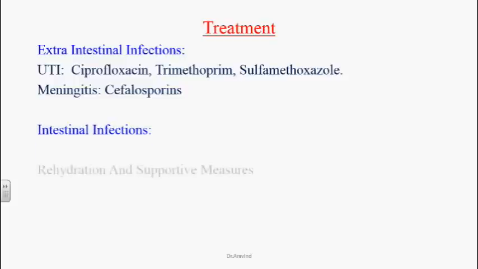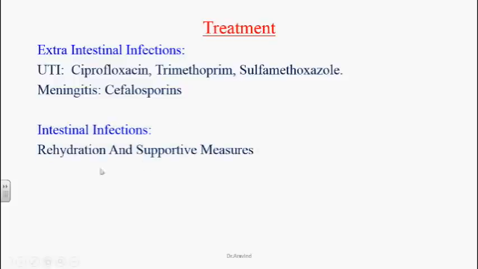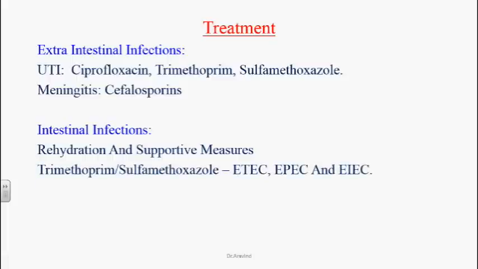For intestinal infections, first we need to give rehydration and supportive measures to increase the fluid levels in the body. We can also give trimethoprim or sulfamethoxazole, especially for enterotoxigenic, enteropathogenic and enteroinvasive E. coli, to reduce the duration of infections.